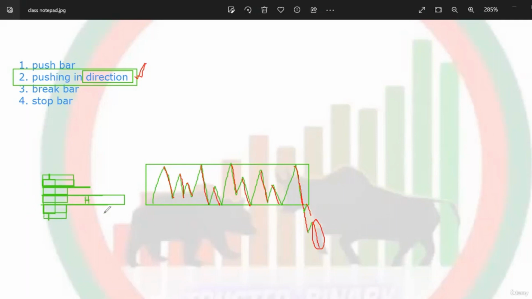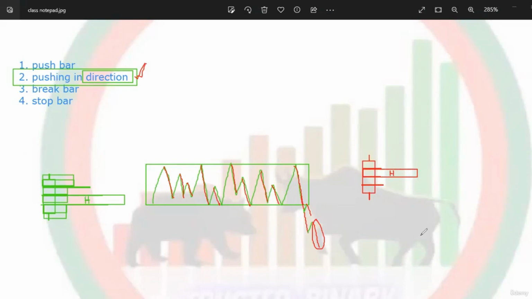Bias. And in the downtrend market condition, in the case of a bearish candlestick, 1, 2, 3, and 4, the second part, volume is high by the seller side. Then only will we take this one as pushing in direction.